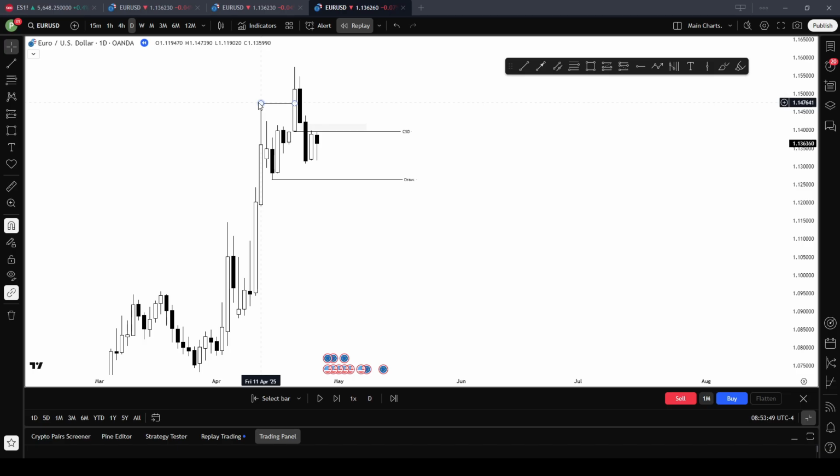This candle took out external range liquidity and then price closed below it, which meant that now we have a change in the state of delivery, and this CSD solidified this shift and confirmed that we can have an expansion lower so that we can take out this daily swing low and potentially fill the internal range liquidity on the daily time frame.